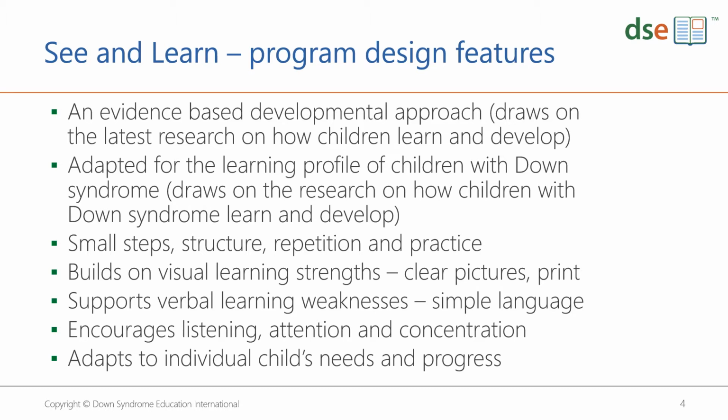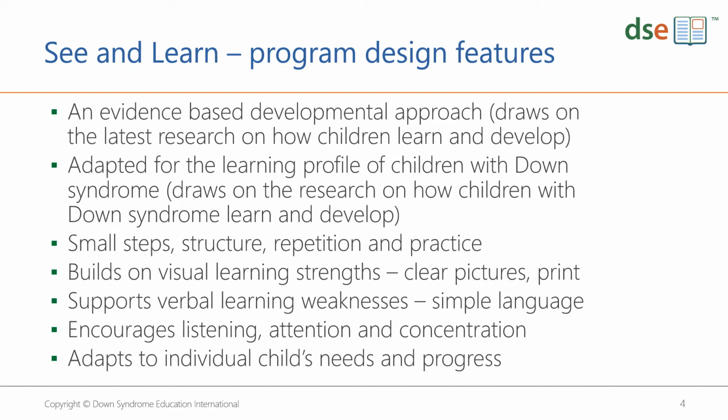We know that children with Down syndrome have strengths as visual learners. By that we mean their visual learning abilities are better than their ability to learn from just listening. So in terms of building on visual learning strengths, we make sure we use clear pictures and illustrations and print, visual supports for learning. When it comes to supporting their verbal learning weaknesses, we've made sure we use simple language.